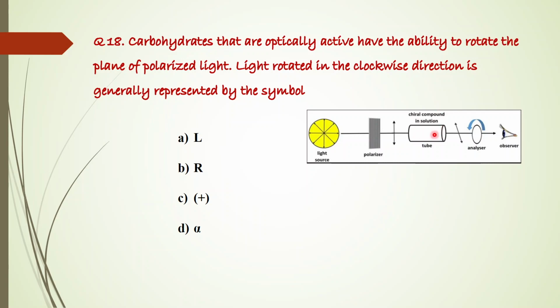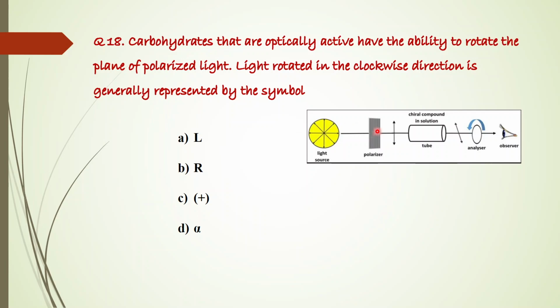Here you put your chiral solution, and after the light passes through this solution, because the molecules in the solution have some chirality, they will rotate the plane of light again.